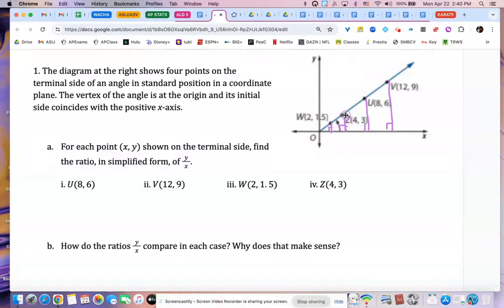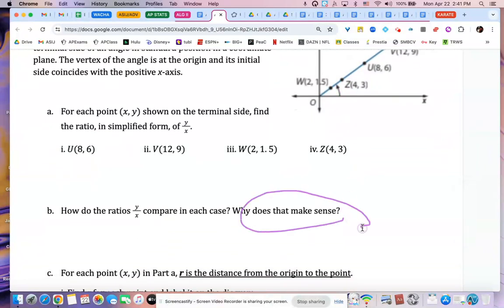I can have a big triangle or I can have a smaller triangle. It doesn't matter how big or small that triangle is, the ratio of sides will always be the same because they're based on the same angle, right? They're all using this exact same reference angle, so they're going to have the same ratios. The sine ratio, the cosine ratio, and the tangent ratio are all going to be the same.